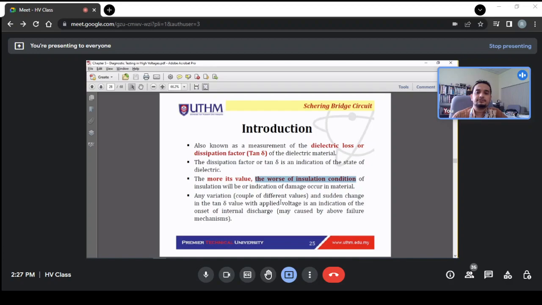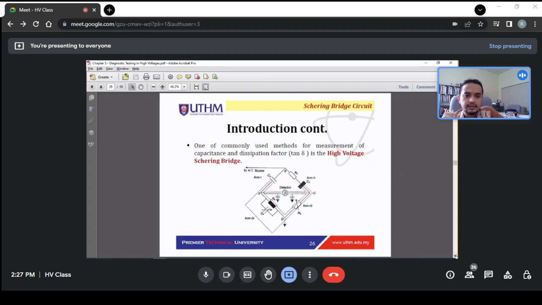The variation of the tan delta value, or dissipation factor, or dielectric loss, can also be affected by the applied voltage and any internal discharge activities. Okay, let's see, this is the general circuit representation. It is composed of what we call the high voltage Schering bridge.